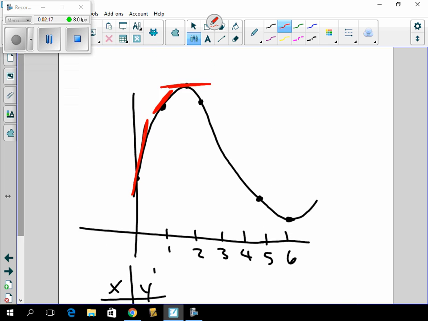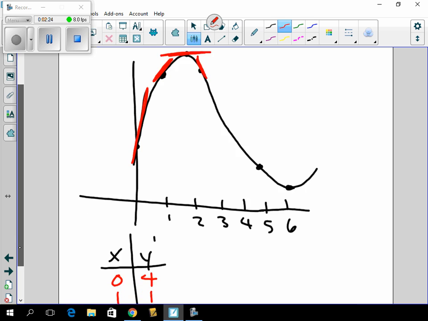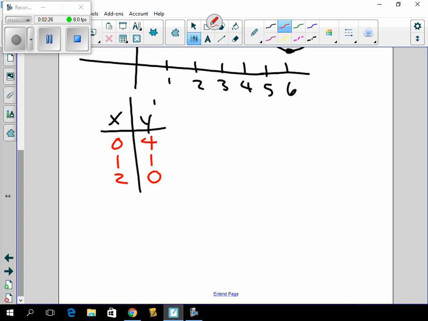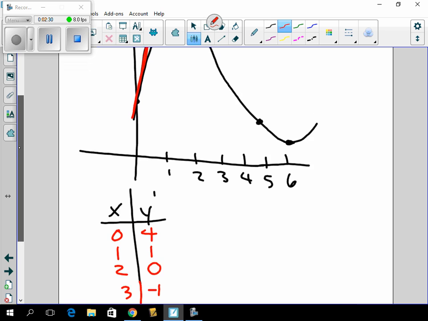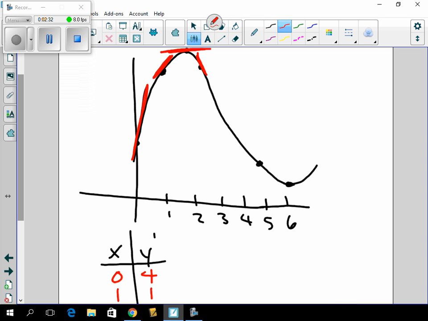So I was climbing up, I had positive slopes, and now I'm going back down. So my slope here at 3 is going to be about -1. And then I have some gaps at 3 and 4 for my points, so I'm going to look at 5 and 6.